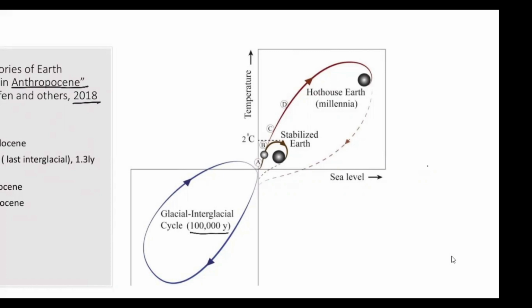That system would have completed or entered glacial, but scientists find that the Earth system moved out of this cyclical process, like this. So it is out of this.